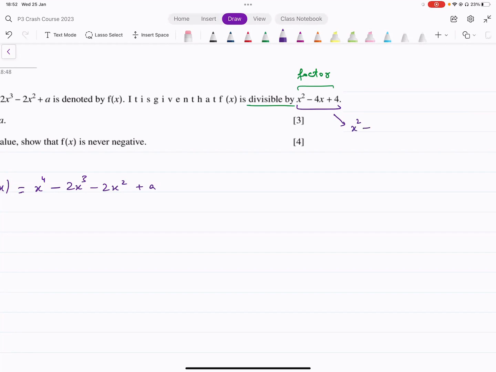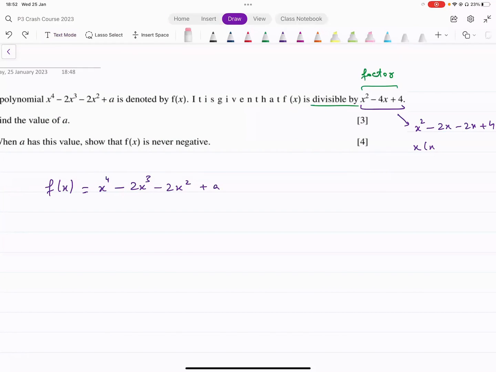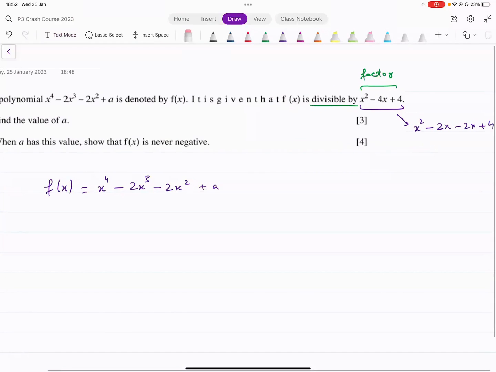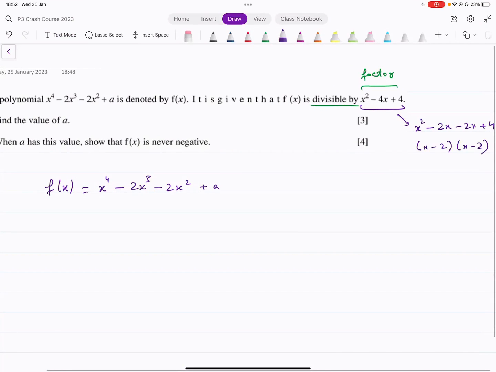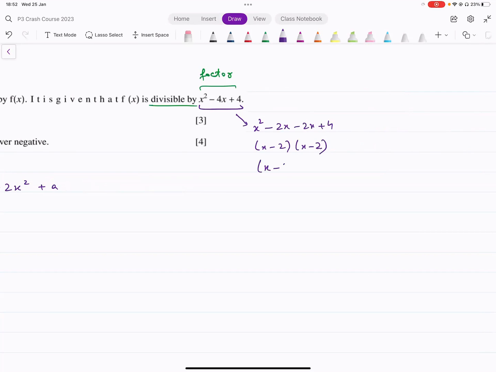This can become x squared minus 2x minus 2x plus 4. And that gives us x into x minus 2, minus 2 into x minus 2. So we get two factors from that, which are x minus 2 and x minus 2. So we've got a linear factor now that x minus 2 is also a factor of this. So we could write it as x minus 2 whole square as well.